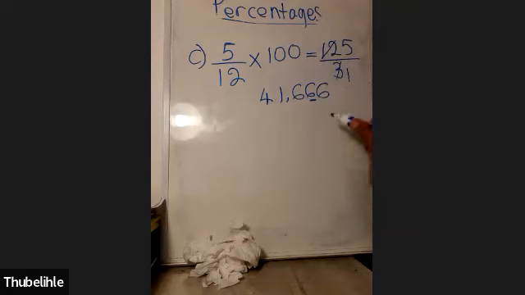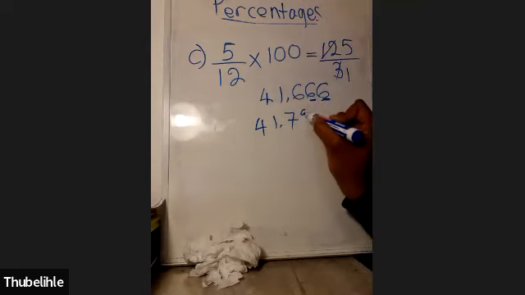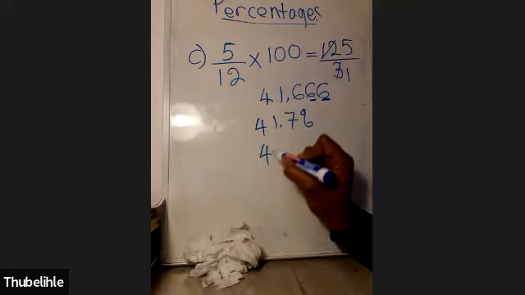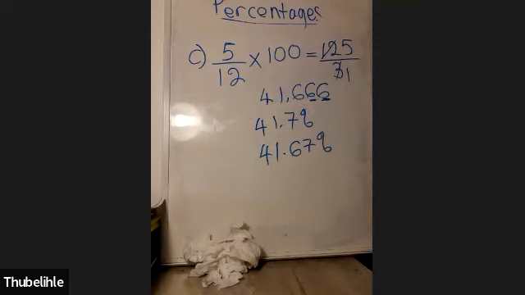If we want to make it 2 decimal points, we look at the 6. Either way, we can have 41.7% or 41.6, and then this one changes, 7%. Okay, is it clear now? Yes, ma'am. Thank you so much. Okay, you're welcome.